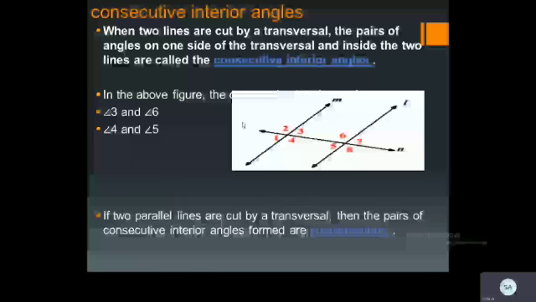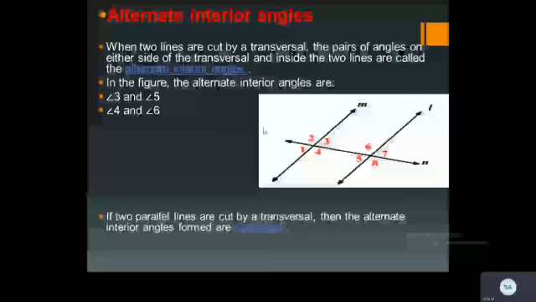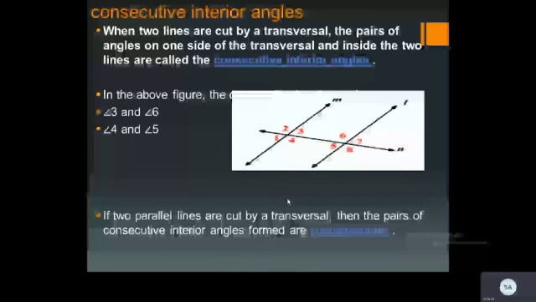Both pairs are inside the lines L and M. If two parallel lines are cut by a transversal line, then the pair of consecutive interior angles formed are supplementary.